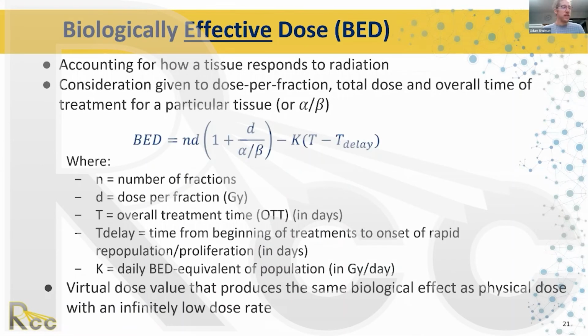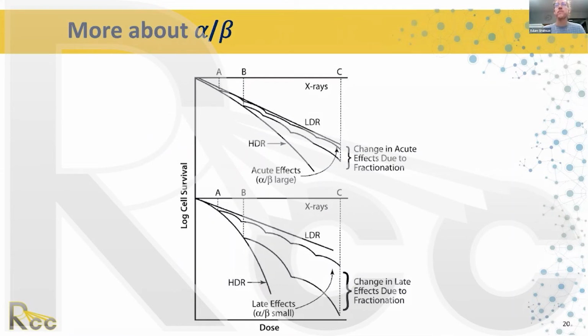Okay, so the question is, is the alpha beta ratio usually higher in parallel organized tissues? That's a good question. So I don't know if I can answer that exactly. I won't try to just say for all tissues, but I think you might be on the right track. So serial tissues like spinal cord have a very low alpha beta, but lots of tissues have low alpha beta.